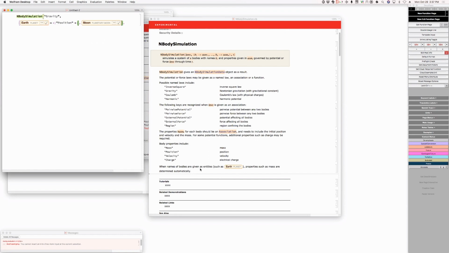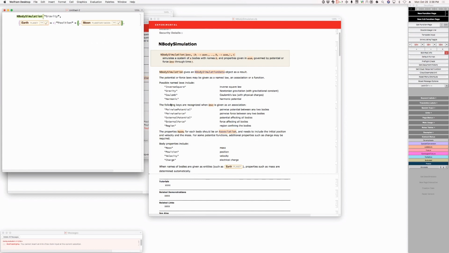Someone's commenting on a live stream. They need to specify one of them. No. If you want both gravity and Coulomb's law, you need to give a combined law. You need to specify that separately.